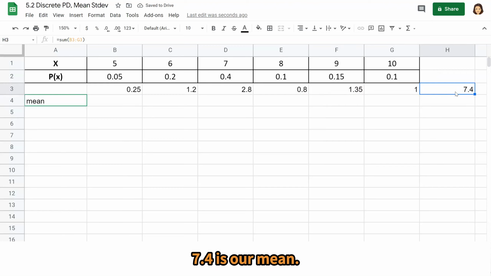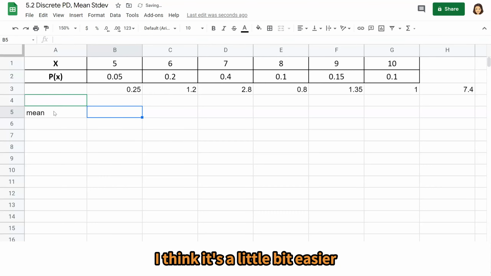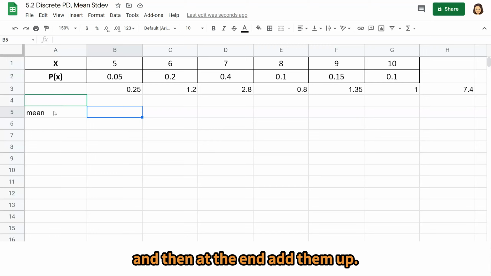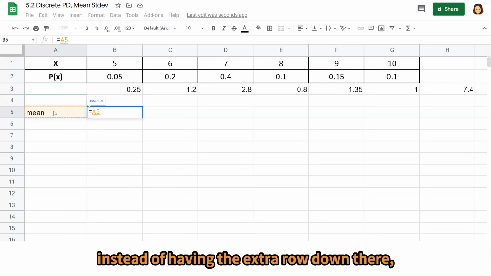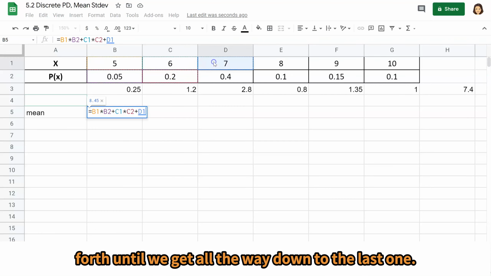7.4 is our mean. So let me show you how to do it all in one step. I think it's a little bit easier the way that I just did: x times p of x along the bottom, and then at the end add them up. But if we wanted to do it all in one box instead of having the extra row down there, we would select x times p of x plus x times p of x plus so forth until we get all the way down to the last one.